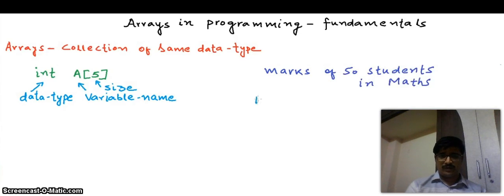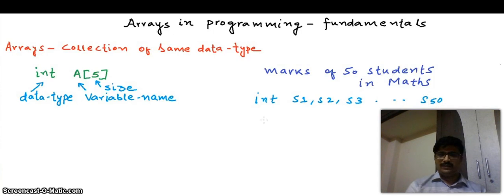Now in our program to store these values, we can declare 50 different integer variables like s1, s2, s3, and so on, all the way till s50. So we can declare 50 variable names corresponding to these 50 students.